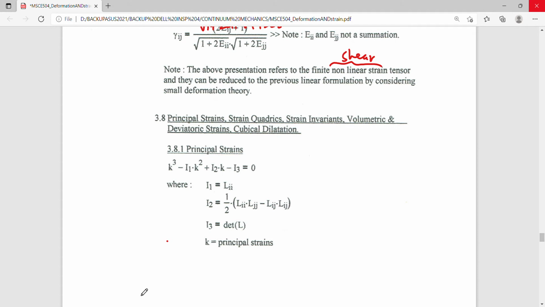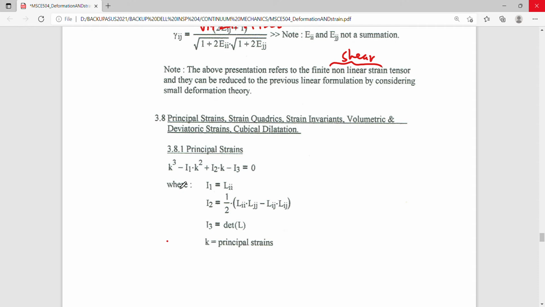I will use the word the same because the formulas are really equivalent in terms of the expression. But of course, the interpretation is no longer on the stress aspect, but now on the strain aspect. And some variables were only changed to signify that we are now talking of strains rather than stresses.